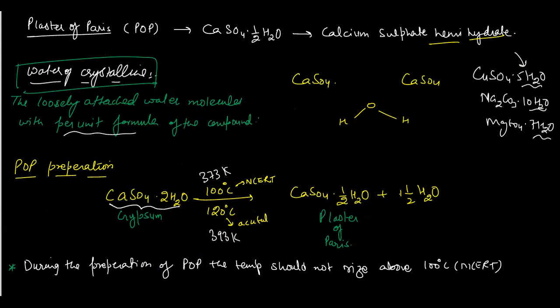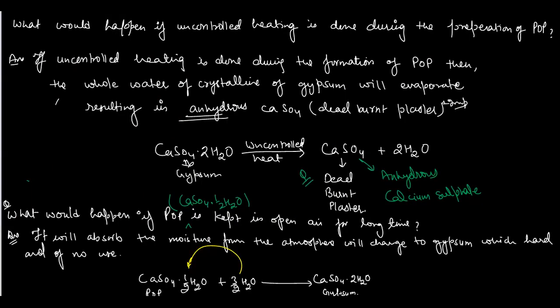This is called plaster of Paris. But if uncontrolled heating is done, then the whole water of crystallization will be removed, meaning the complete 2, and there is no half here. If there is half, it is plaster of Paris. If there is no half, there will be anhydrous calcium sulfate, and that is called dead burnt plaster. Got it? Yes, sir.